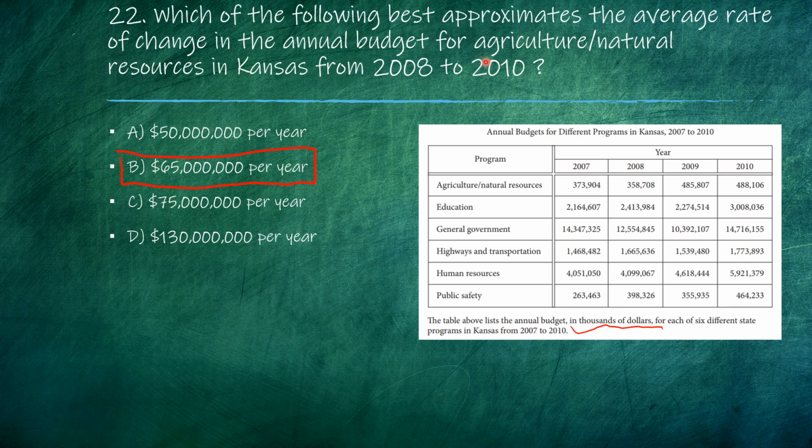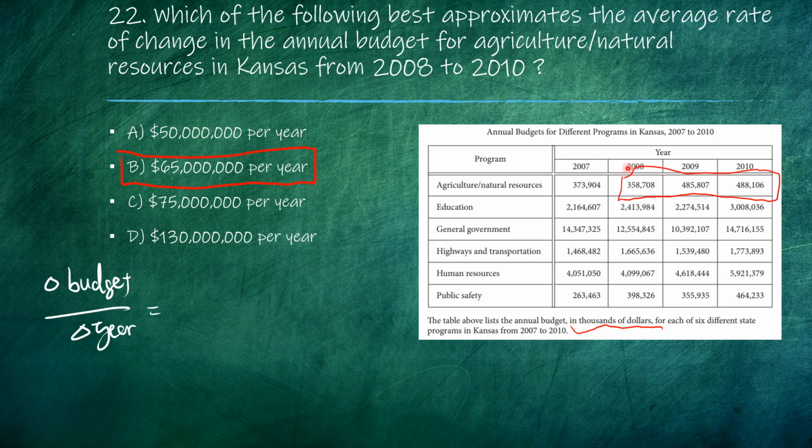And the question is asking the average rate of change in annual budget for agricultural and natural resources from 2008 to 2010. So let's circle the part that we are really looking at. So it's the agriculture and natural resources from 2008 and 2010. And we are calculating the average rate of change in the budget. So in this case, it will be change in the budget over change in year, right?